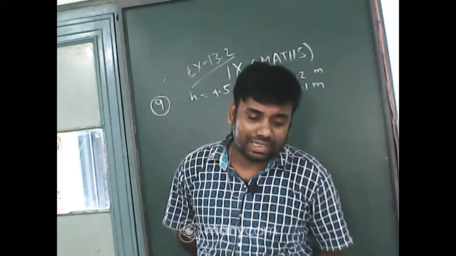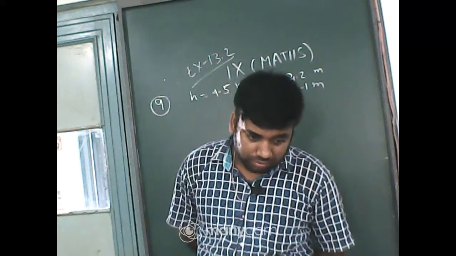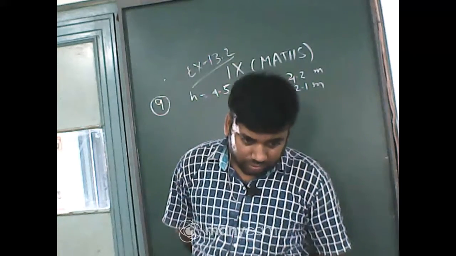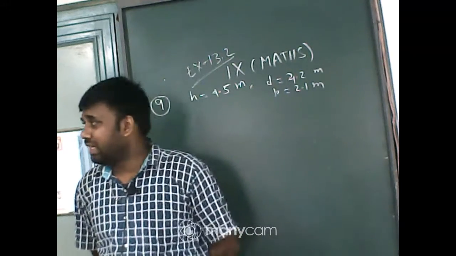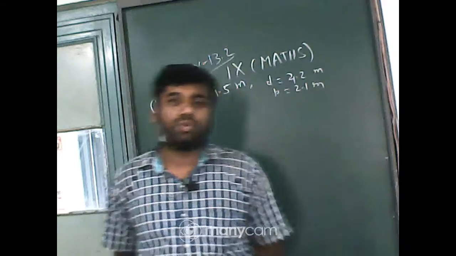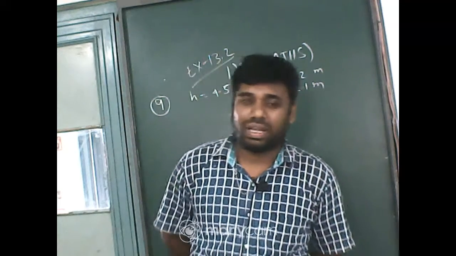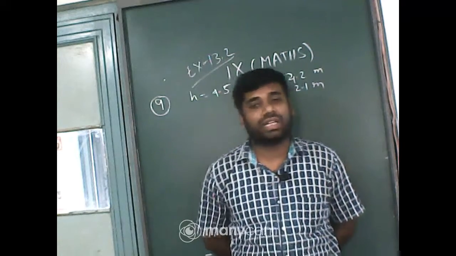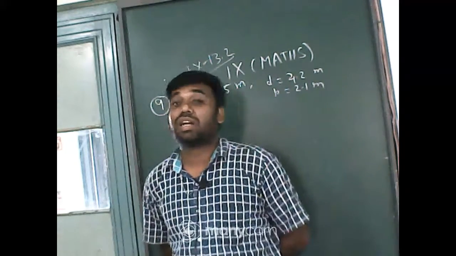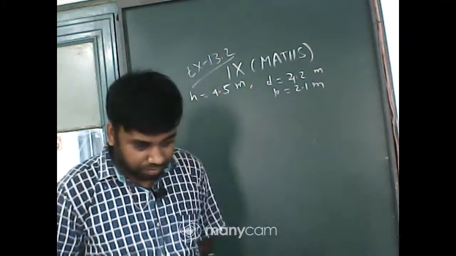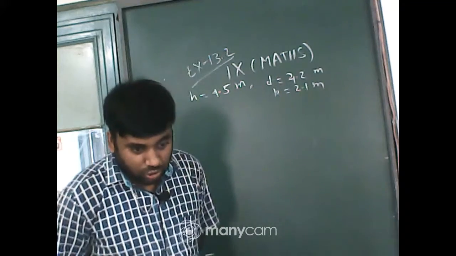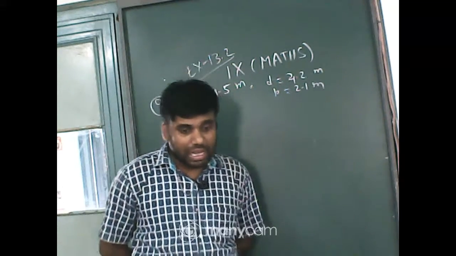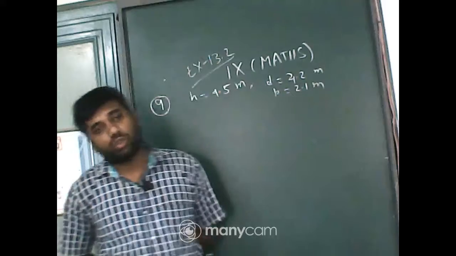Yes, equal. Actually in the case of a cuboid we use the term LSA, and in the case of cone, cylinder we use the term curved surface area. Yes, very good. We use CSA for cone, cylinder, sphere, and LSA for cube and cuboid.